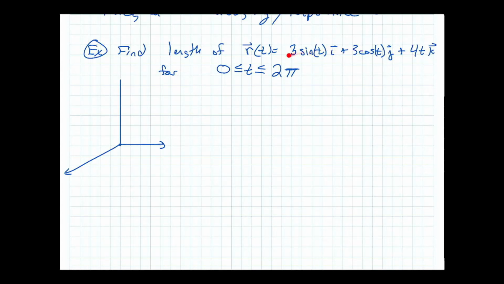This isn't the standard one because the sine and the cosine are reversed from normal. So if you put in a 0 here, what you actually get is 0, comma 3. So you actually get a 3 on the y-axis instead of the x-axis. And then as that increases to pi over 2, you end up over here. So it looks like something like this.